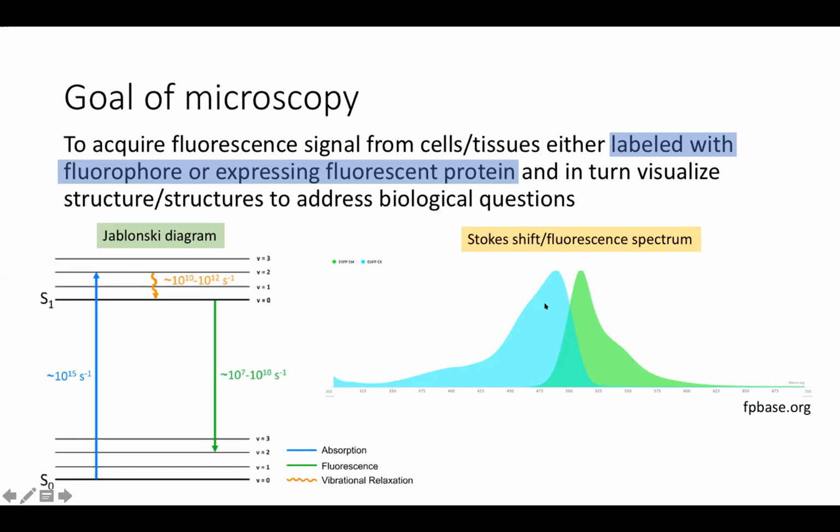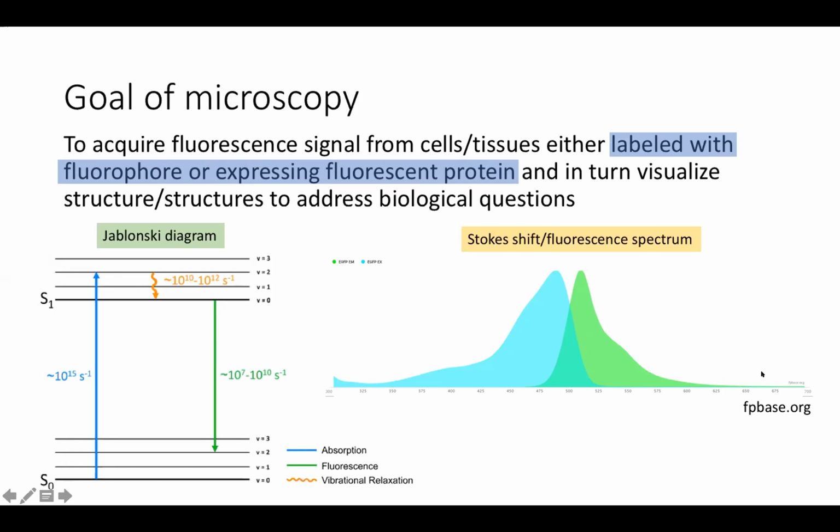What you see in this scenario is you have a broad excitation spectra as well as a broad emission spectra, right? So while we always say that I'm going to excite my fluorophore or fluorescent protein with 488 and collect my emission at, let's say, 510 nanometer, which is green over here, you have to understand that there is a broad excitation and a broad emission spectra.